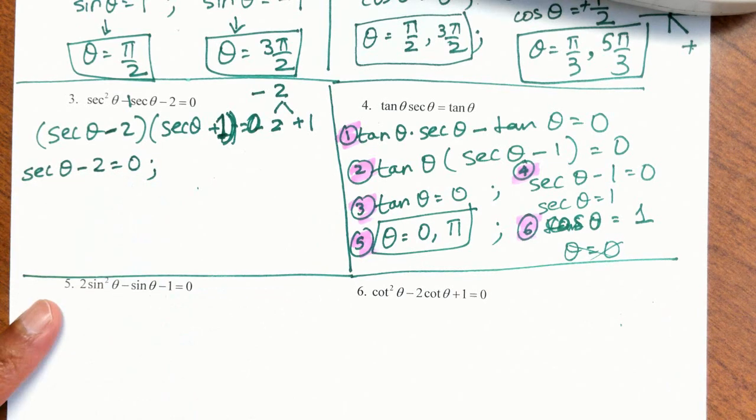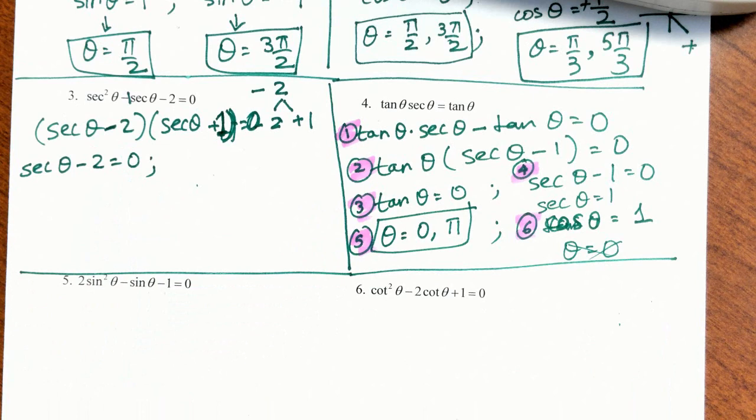It's secant theta, so you'll rewrite it as cosine. Okay, again, please stay ahead of me. I'm going to go ahead and put down the work, but I'm staggering it so that you will do the work before me.